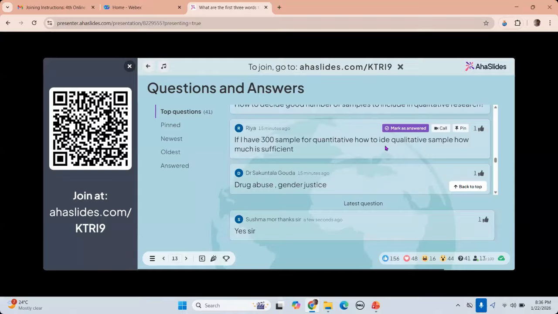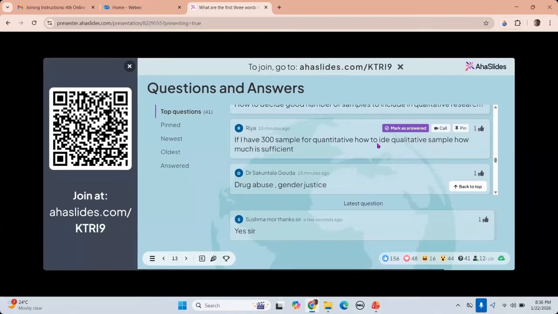So you see the richness of the data that you're looking for. For example, if I'm going with ethnography, I should have a minimum of 30. When it comes to a qualitative study, there's no standard saying that this much sample size is right, this much sample size is wrong.